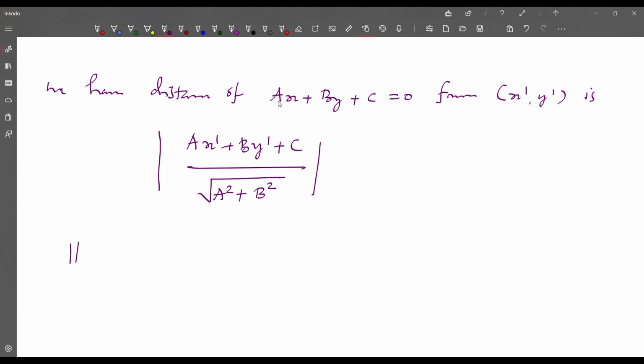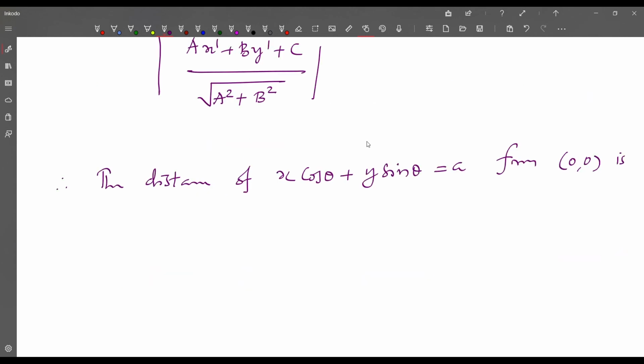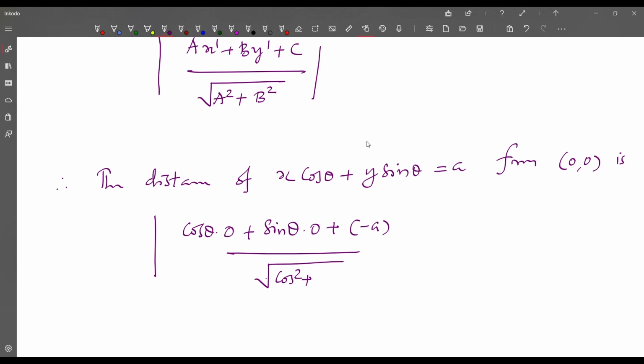Here, therefore, the distance of x cos theta plus y sin theta equal to a from origin (0, 0) is modulus of cos theta into 0 plus sin theta into 0 plus minus a divided by square root of cos square theta plus sin square theta.